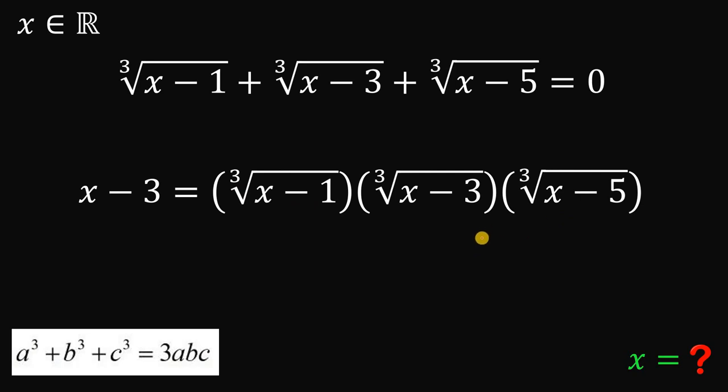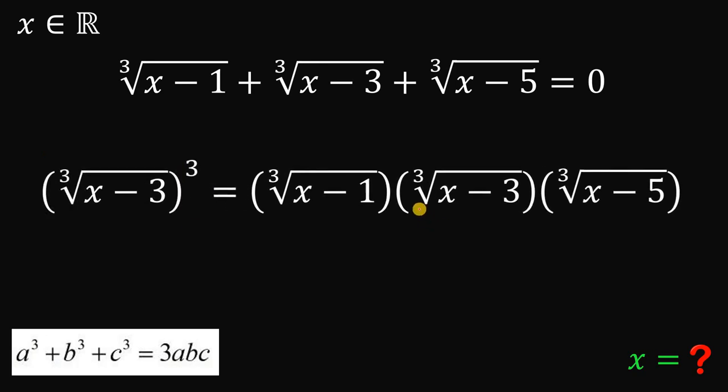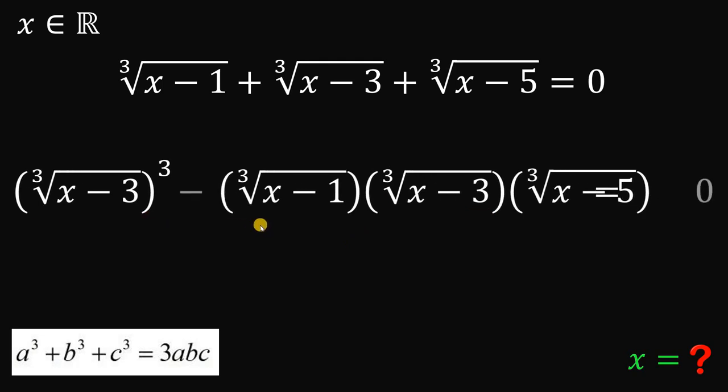And now, looking at this equation, why not make this x minus 3 be equal to cube root of x minus 3 raised to the power of 3? Here's the reason. Because we have a factor of cube root of x minus 3 on the left and the right hand side. So to use this common factor, what we're going to do is equate this to 0.